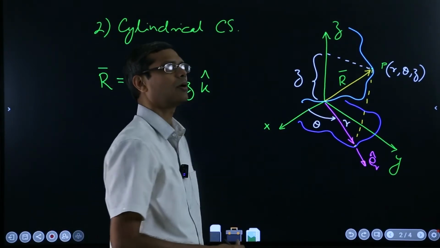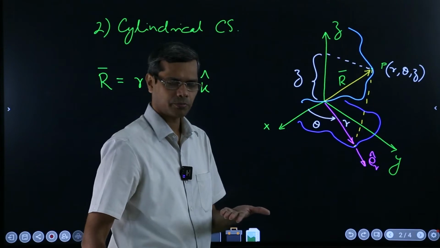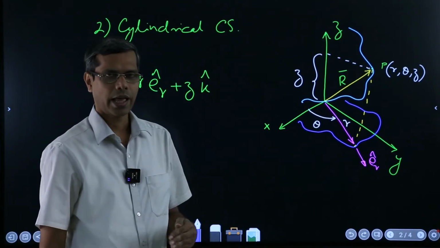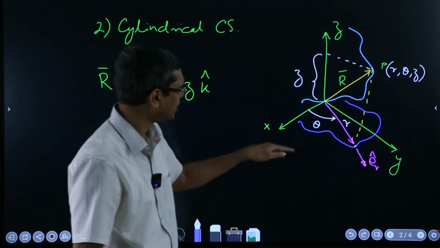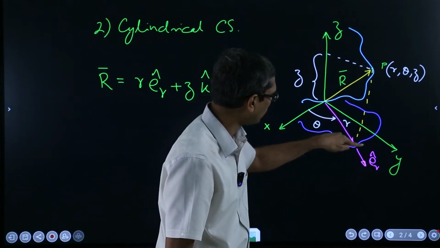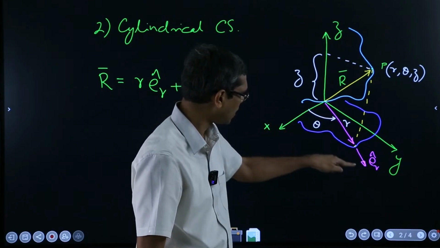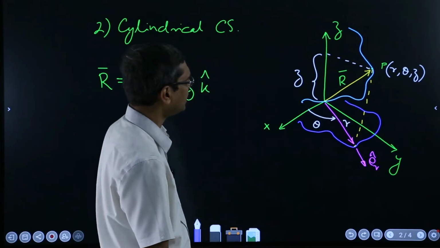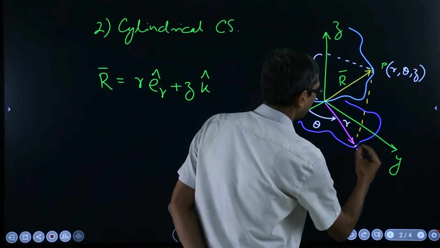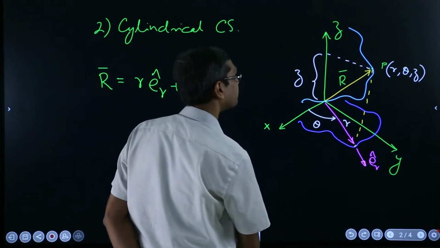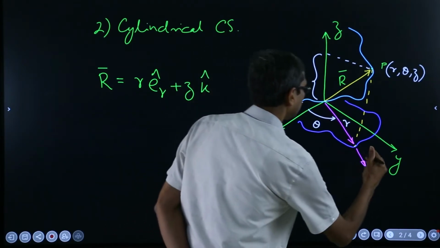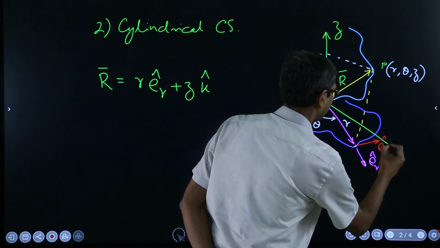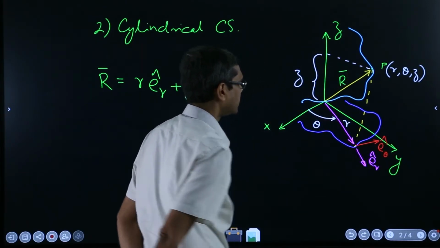So whatever we discussed about the 2D plane curvilinear motion, using our polar coordinates, the same thing happens on this curve. The r e_r is that coordinate which we define, and similarly e_theta will be defined here in this direction. So e_theta will be from here, and the z direction is this.